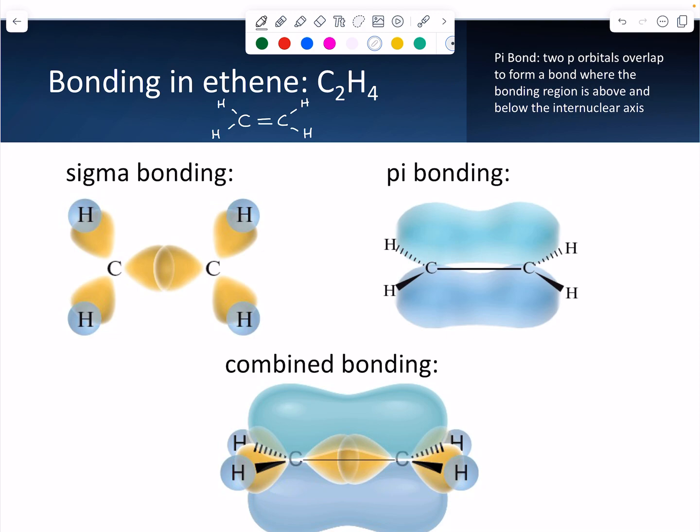The first of those two is our sigma bond, and that is made from sp2 hybrid orbitals, sorry, not sp3.